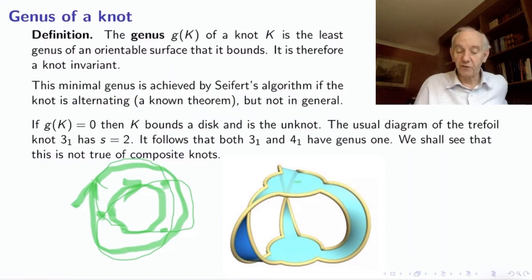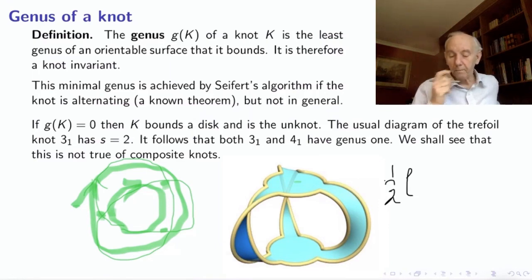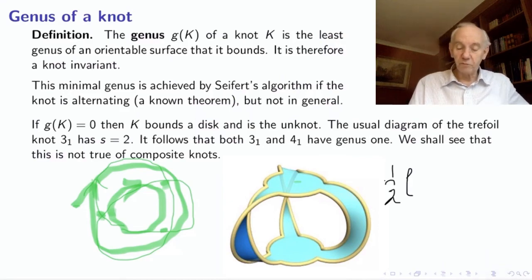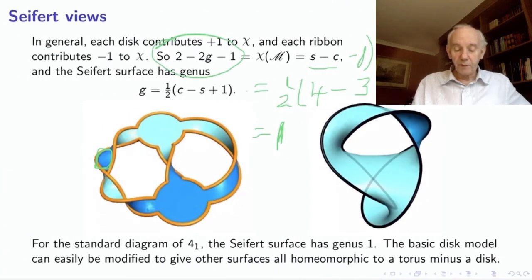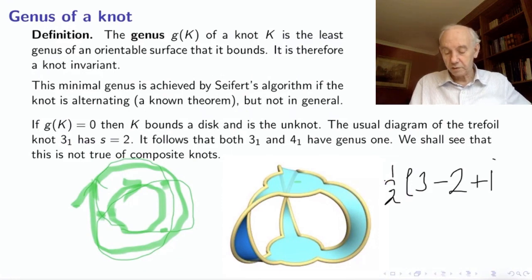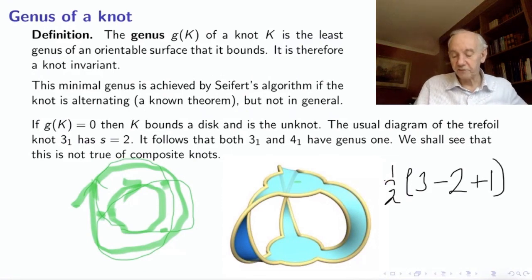In this case, the formula is the genus is 1/2 times C minus S plus 1, where C is the number of crossings and S is the number of Seifert circles. So that's 1/2 of 3 minus 2 plus 1, which is 1/2 of 2, equal to 1.